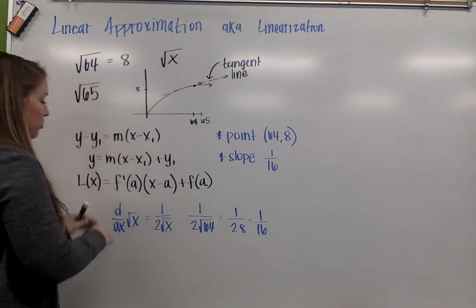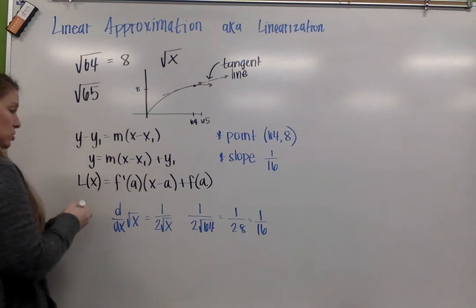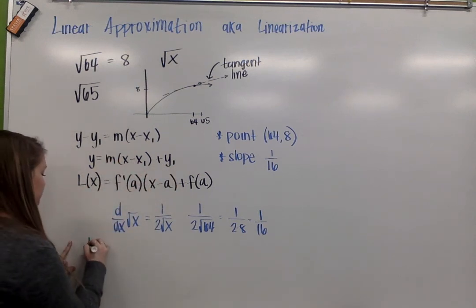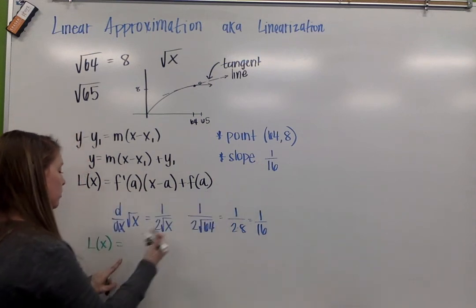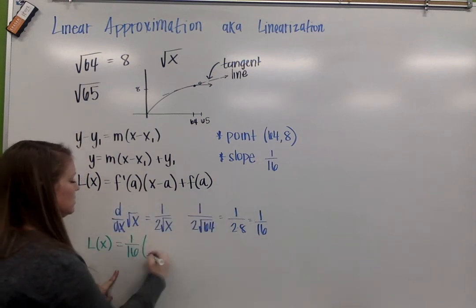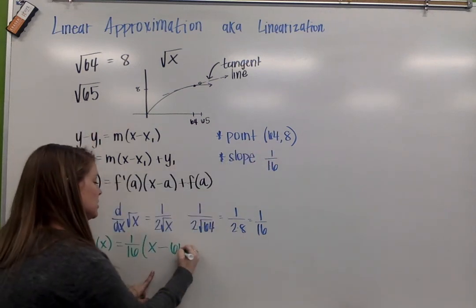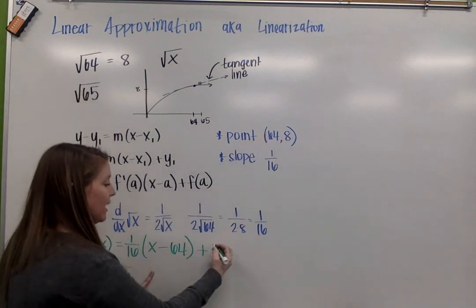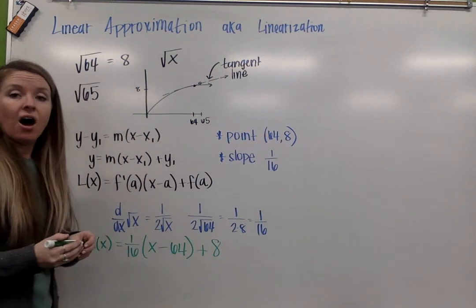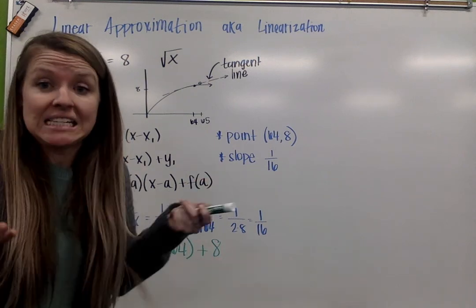So I'm now able to fill in my equation here. I'm going to plug in L of x equals f prime of a, that's my slope, that's 1 over 16, times x minus a. a is my x, which is 64, plus f of a, which is my y value of 8. All I did was write the equation of my tangent line. That's it.